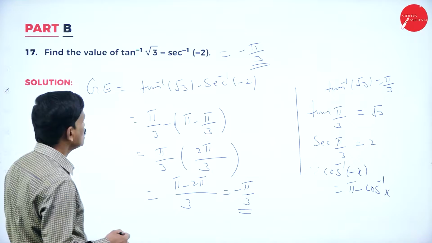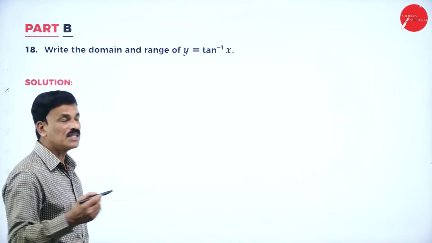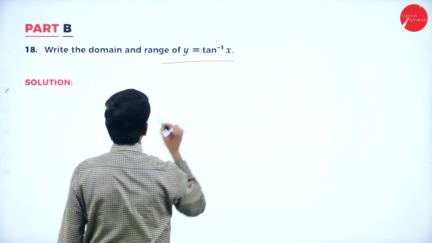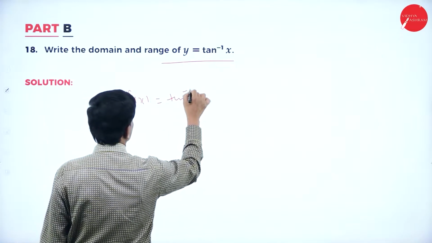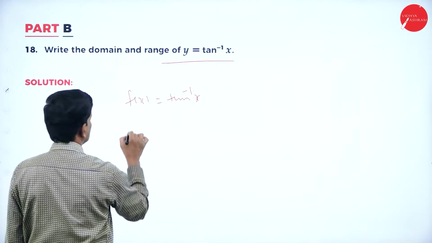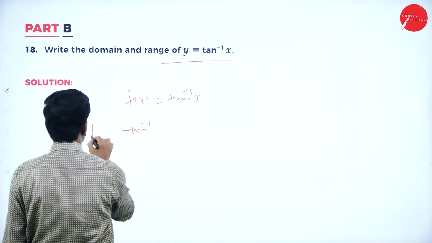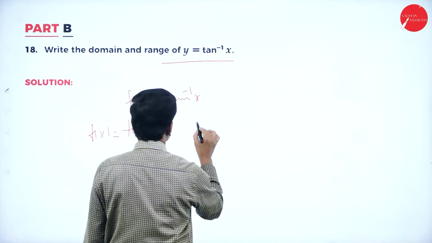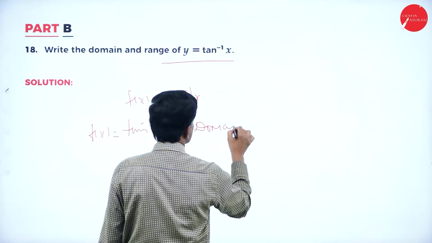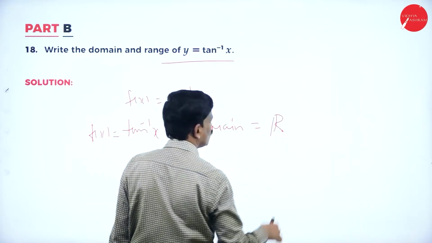Now let us come to the next problem. What is the equation given? Given f of x is equal to tan inverse of x. For tan inverse x, the domain is equal to R, the set of real numbers.